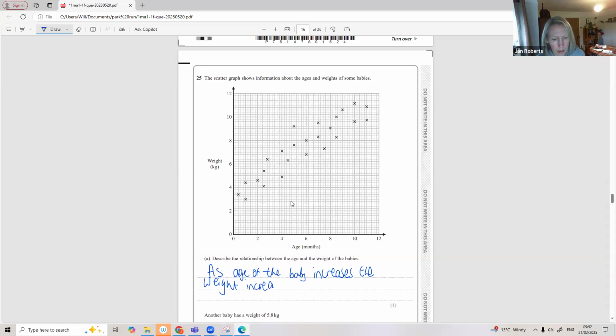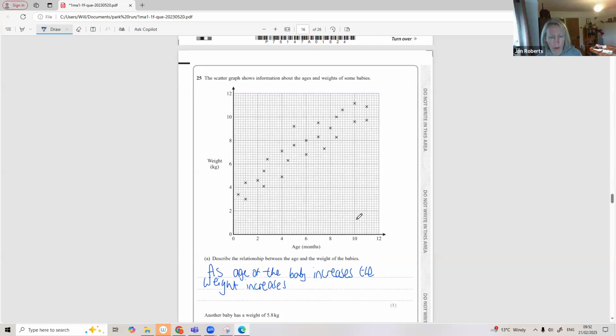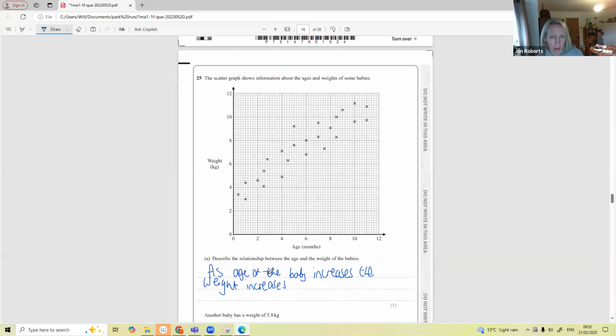Right, I'm going to snip this one over because I want to show you how to draw the line of best fit with a ruler. Because you're given some information here, another baby has a weight of 5.8 kilograms. Use the scatter graph to find an estimate for the age of the baby.